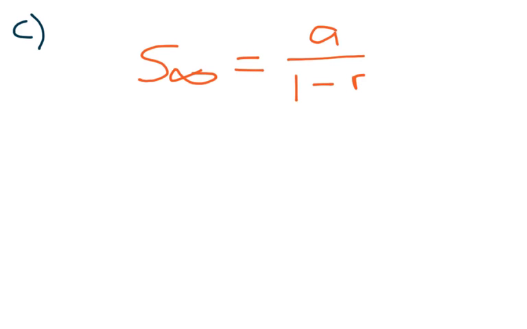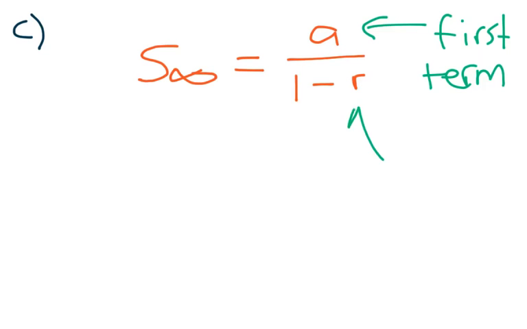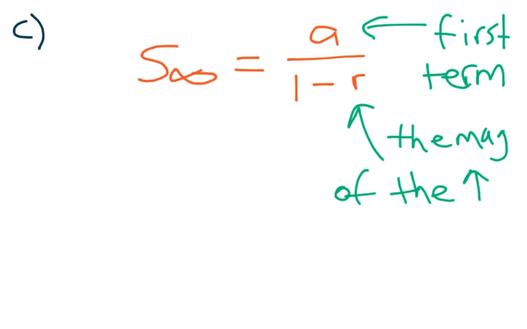So A here is going to be the first term, and R is the magnitude of the increase or decrease from one term to the next term of the sequence.